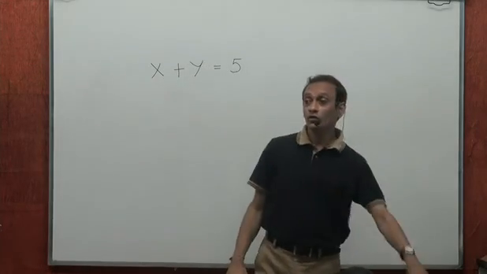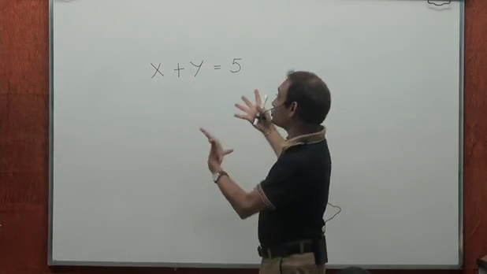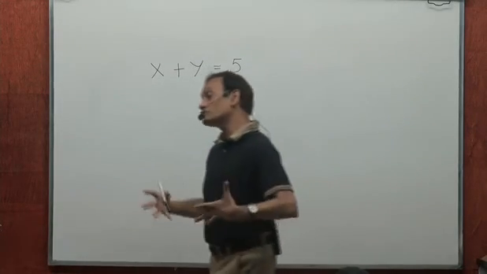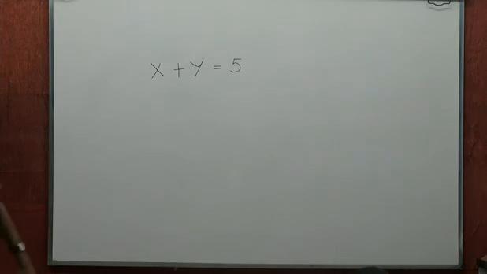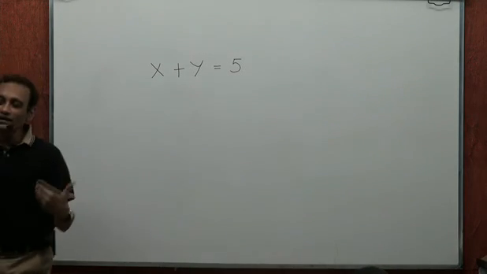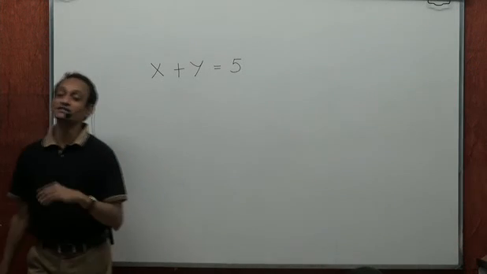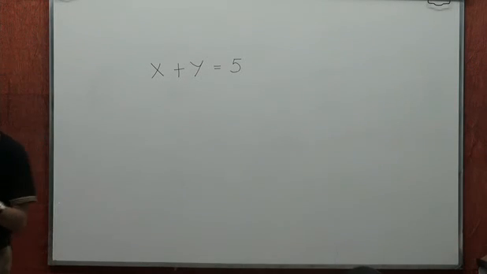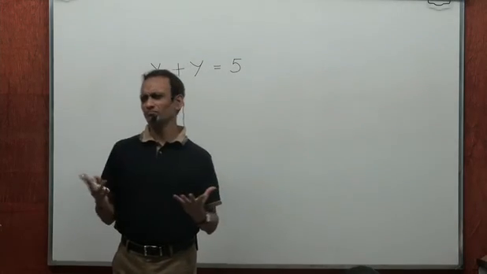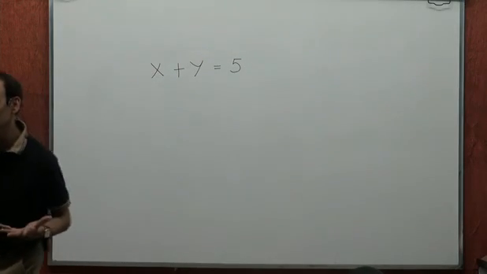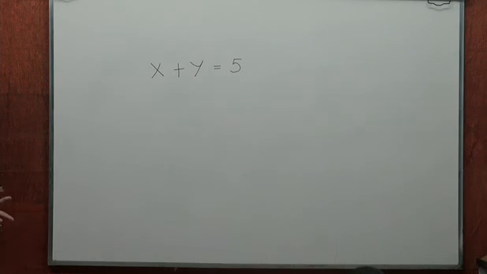However, if you had knowledge of the physicality of the situation, if someone told you x represents the number of monkeys in the class, y represents the number of donkeys in the class, then you know for sure x and y have to be whole numbers. There could be no monkeys, there could be no donkeys, so 0 is included, right?